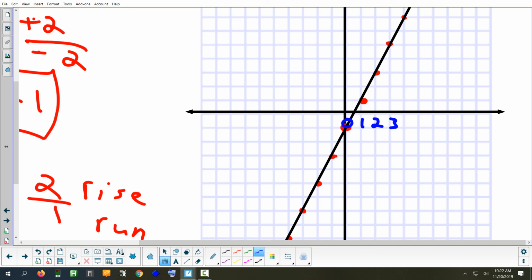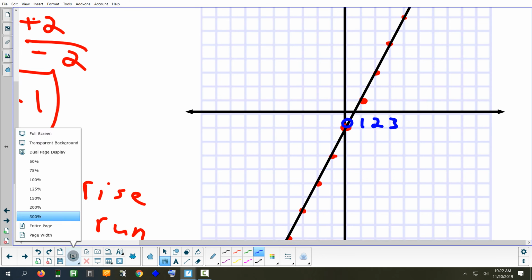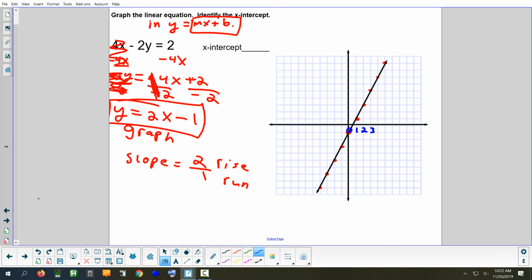It's too complicated, you can't figure it out easy. So this one is between 0 and 1. That crosses at 0.5. Could I write 1/2? Is that the same thing? Yes. So for your X-intercept, you can put 1/2 or 0.5.